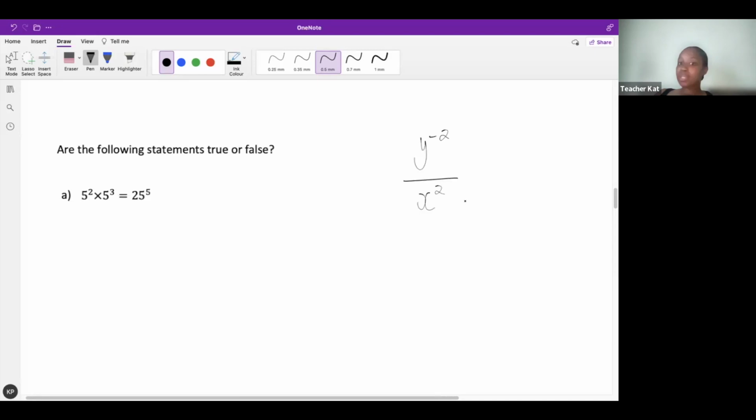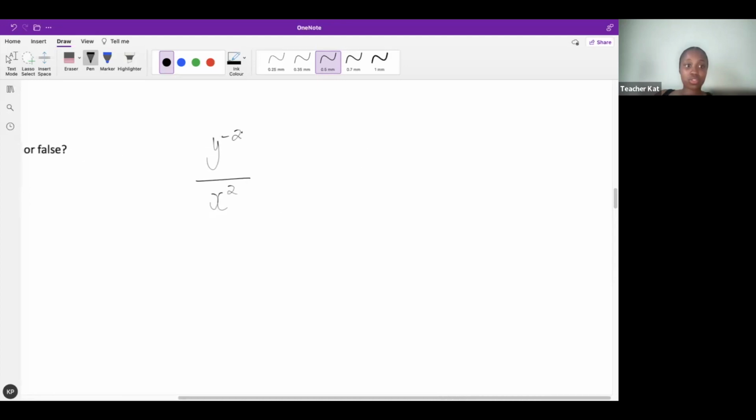We are not swapping them. This x is not going to move to the numerator. We're looking at the question. So these are not swapping. It's just the y that has to move to the bottom. But you are timesing it by -1 in order to make your exponent positive.